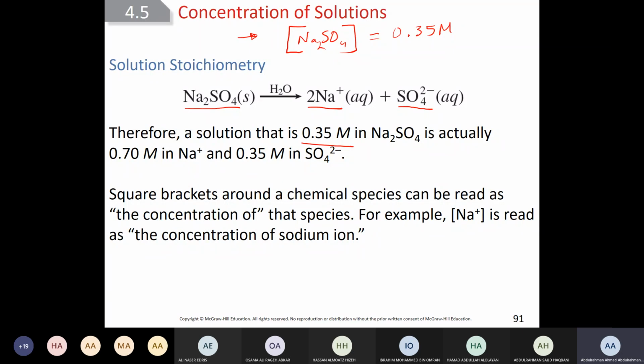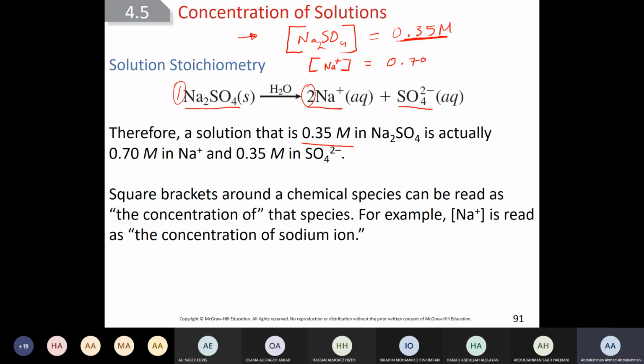Now, can you tell me what is the concentration of Na plus in solution? Same solution. 0.7. Actually, each one in the equation needs 2. That's why if the concentration of the compound is 0.35, this means the concentration of Na plus is what? 0.70.